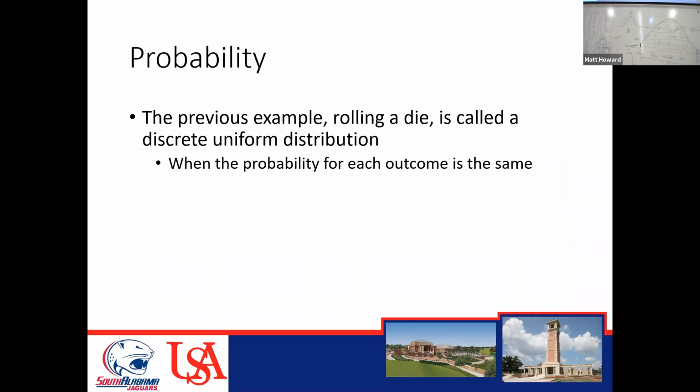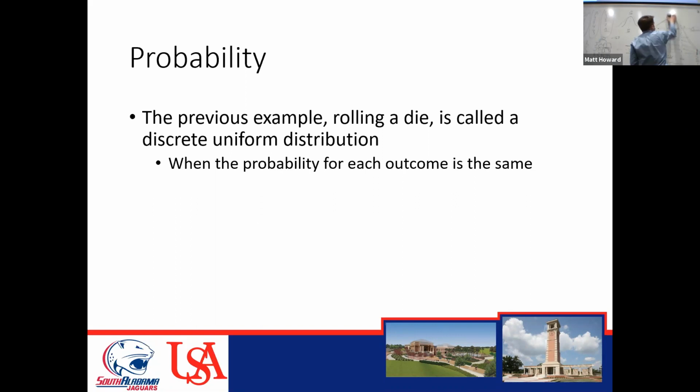So in the previous example and the ones we've been using, they're called a discrete uniform distribution. So we've been talking about discrete distributions. A discrete uniform distribution is a particular type of discrete distribution, and that's a distribution where the probability for each outcome is the same. So with rolling a dice, the chance of rolling a 1 is equal to a 2 is equal to a 3, and so on and so on.